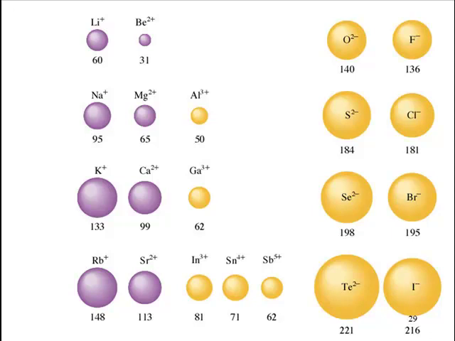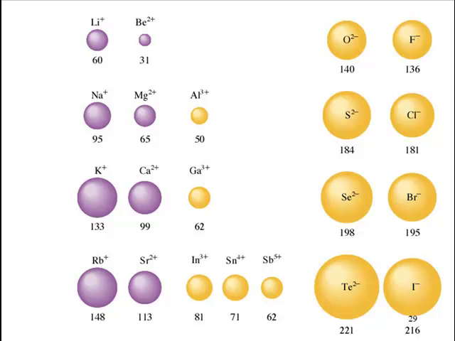So there's not a predictable pattern. If you're just comparing cations to cations, just the left side, you could say it gets smaller as you go to the right. If you're just predicting anions, what does it do as you go to the right? Smaller. They both get smaller as you go to the right.